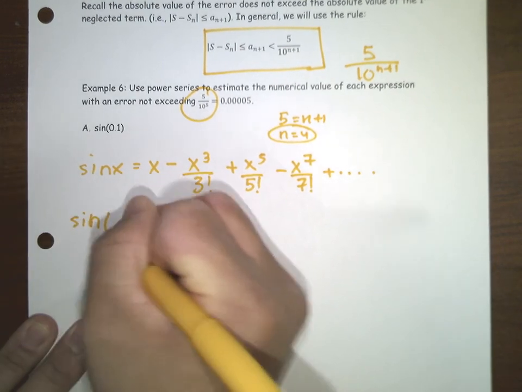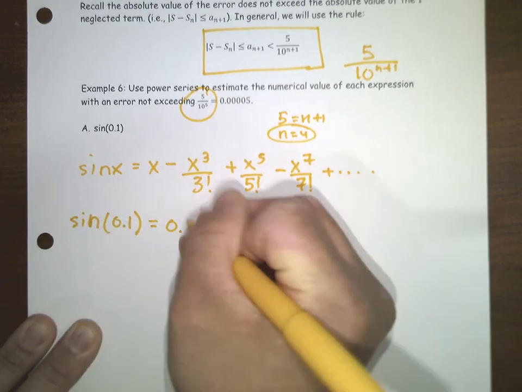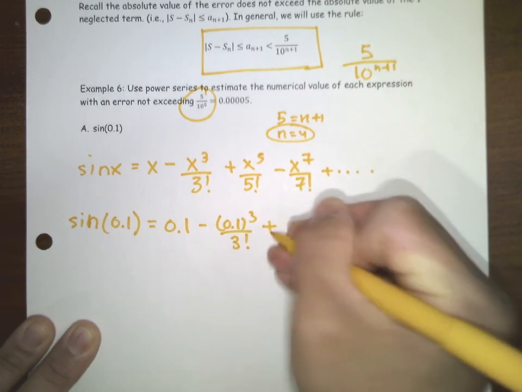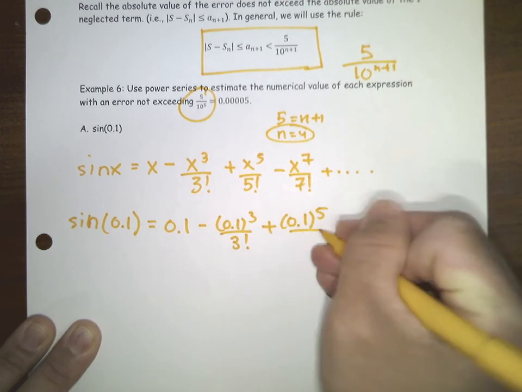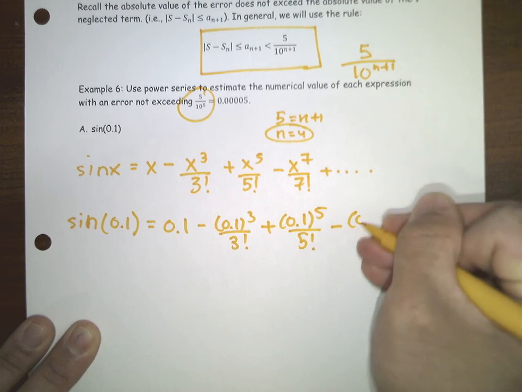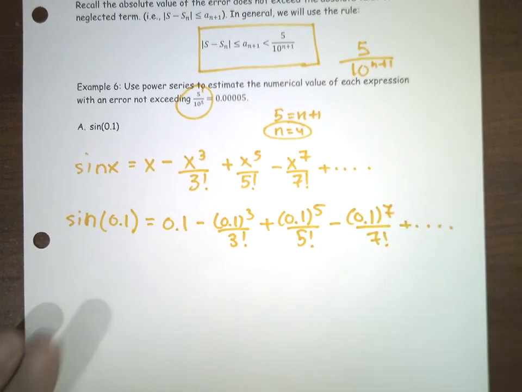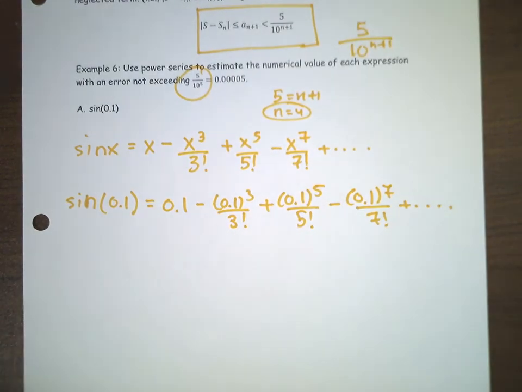Sine of 0.1 is 0.1 minus 0.1 to the third over 3 factorial plus 0.1 to the fifth over 5 factorial minus 0.1 to the seventh over 7 factorial, and so on. All right, so I hope that you are enjoying this.